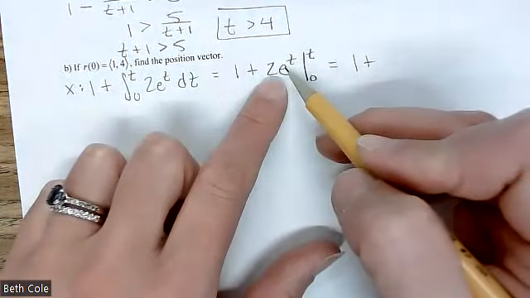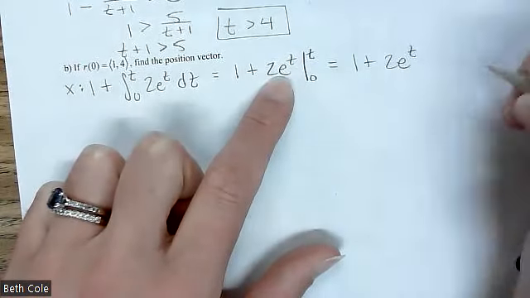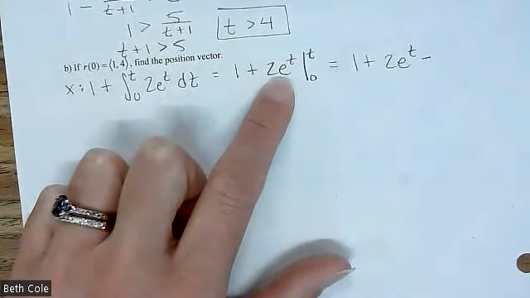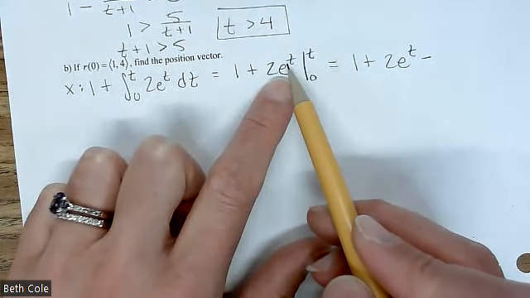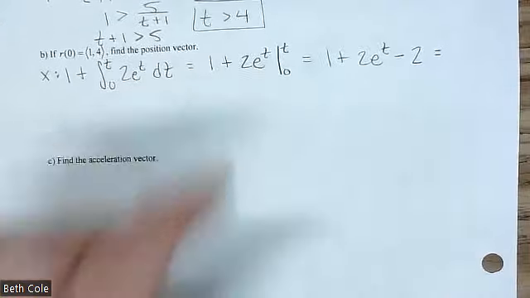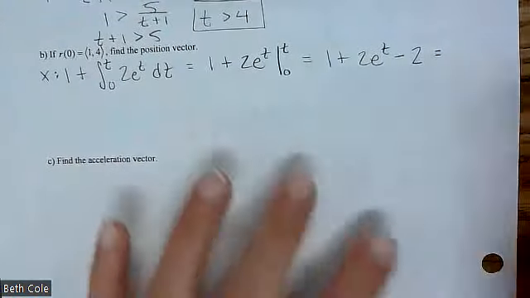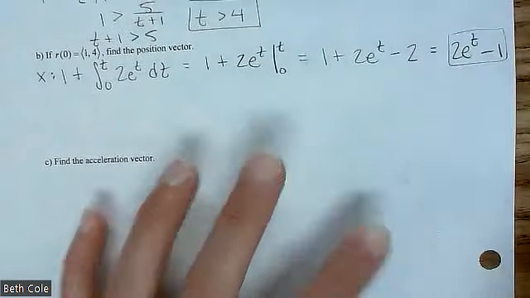So if you plug in t, you would just get 2e to the t minus, now if you plug in 0, you don't get 0. If you plug in 0, 1 times 2, 2. So it would be 2e to the t minus 1. So that's what we get for x.